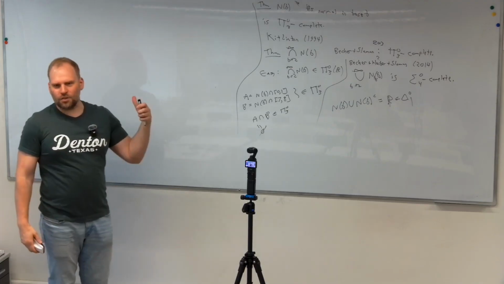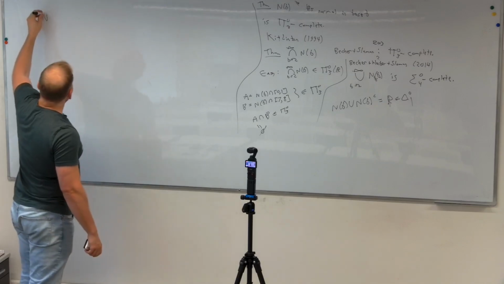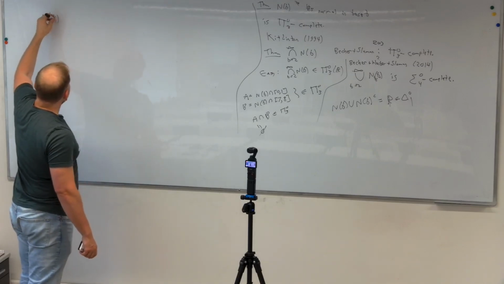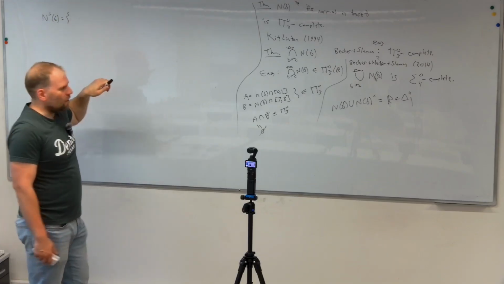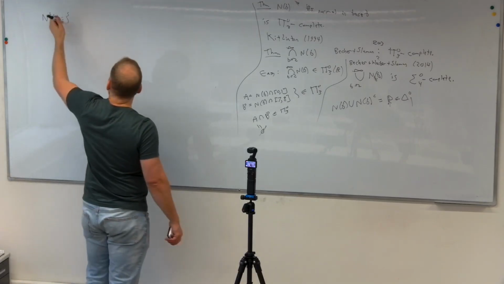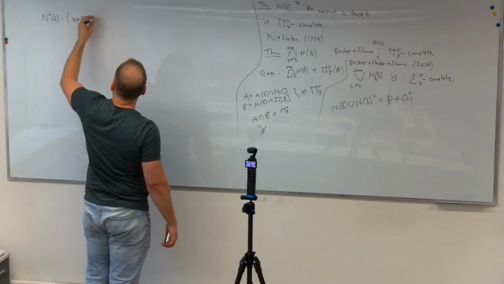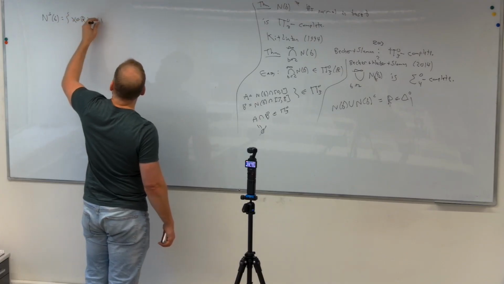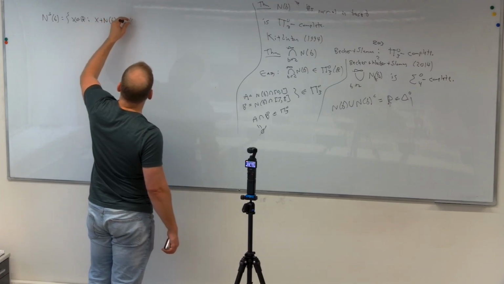So let's go back to a set that I asked about earlier. I'm going to call this N-perp of B. I didn't name it earlier, but this is the set we've seen already. It's the set of all real numbers x such that x plus N of b is a subset of N of b.